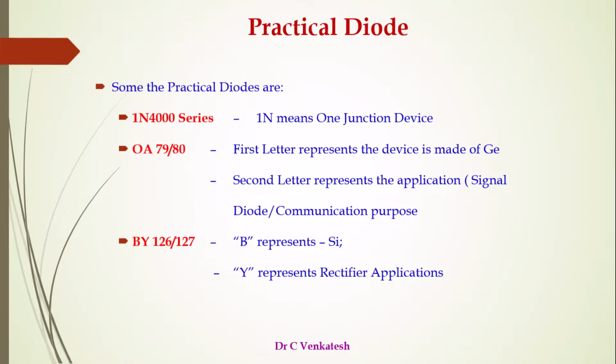The first letter O represents the device is made of germanium. The second letter represents the application of the device. Here the device is used as a signal diode or for communication purpose. The third one is BY126 or BY127. The B represents the device is made of silicon and the Y represents rectifier applications.